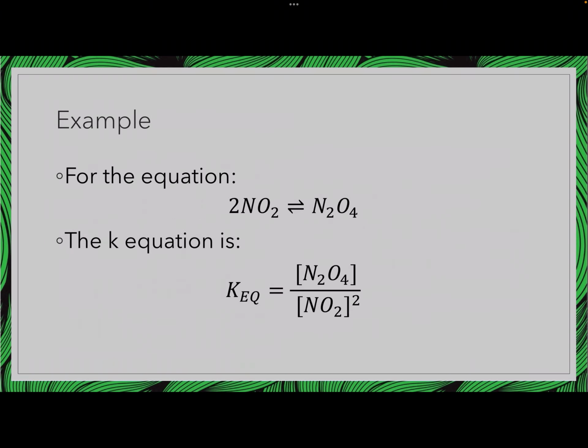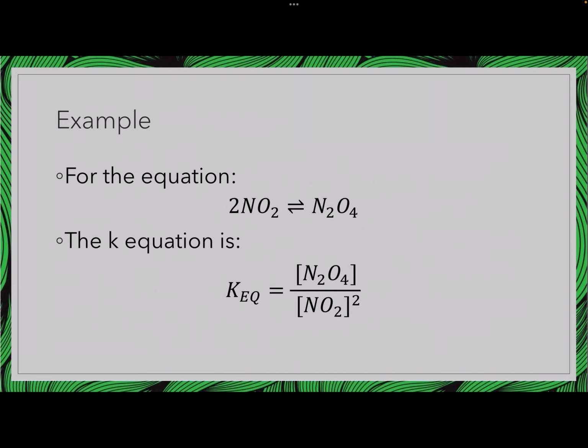Basically, let's have a look at this equation. So we have our nitrogen dioxide in equilibrium with dinitrogen tetroxide. This is the one we did in the experiment where we collected the orange gas in the syringe and compressed it so that it moved towards the N2O4 side.